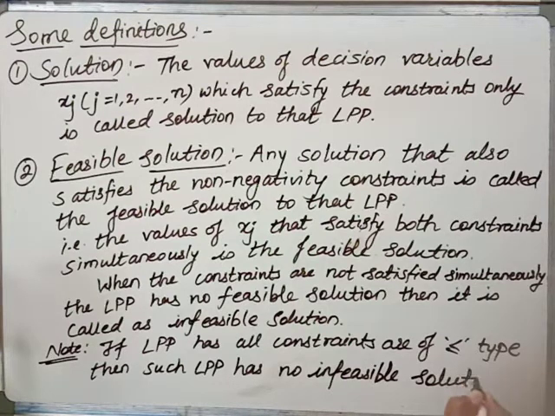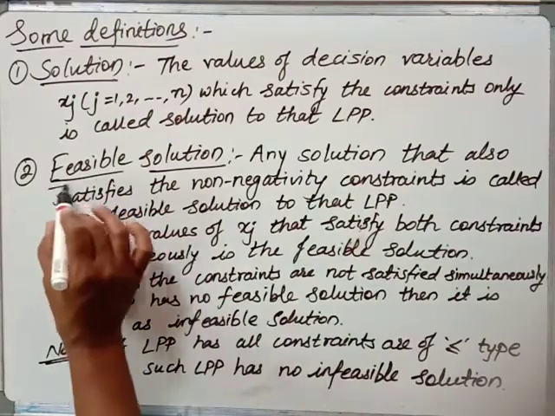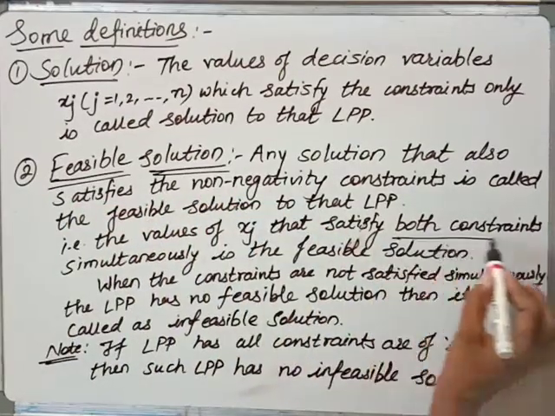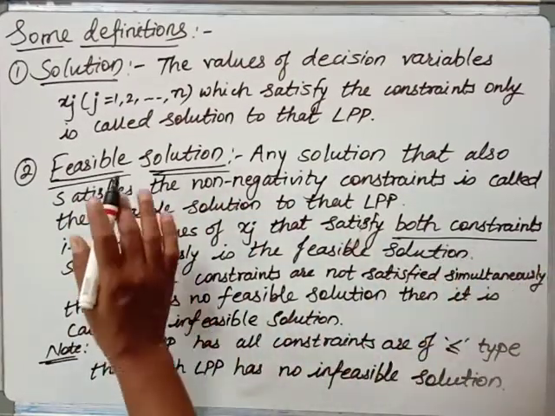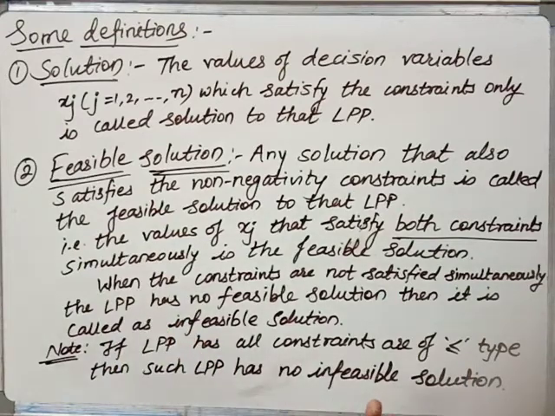They always have a feasible solution. If all constraints are of less than or equal type, they always have a solution, and that solution satisfies both of our constraints. So that is a feasible solution, meaning they don't have an infeasible solution.